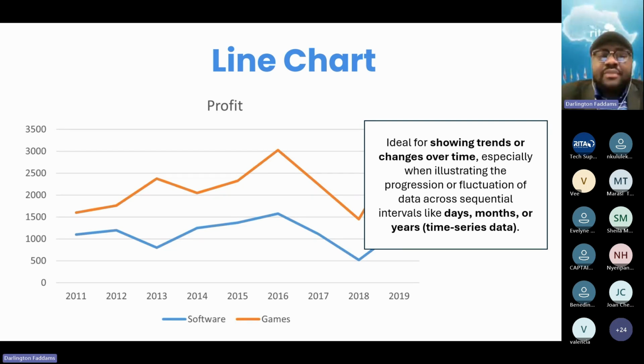So we call it line chart because after we plot the points, we join them. There are some types of charts that we don't join them, but with this particular chart, we are supposed to join them to form the line, and the line gives us the trend, and it allows us to see changes over time, especially when illustrating progression or fluctuation of data across sequential intervals like days, months, or years.